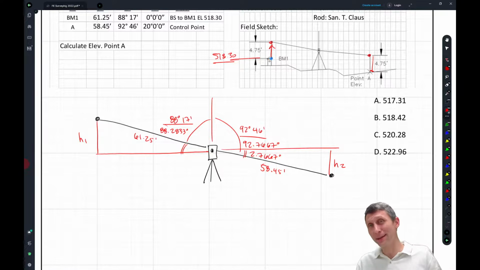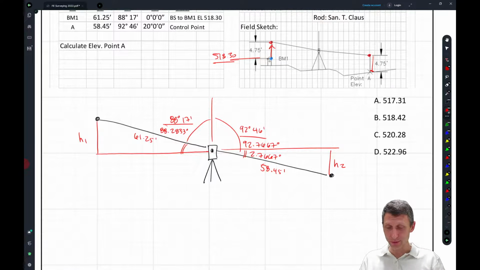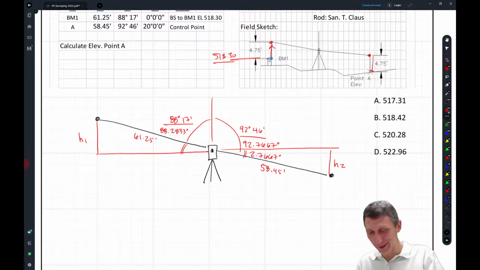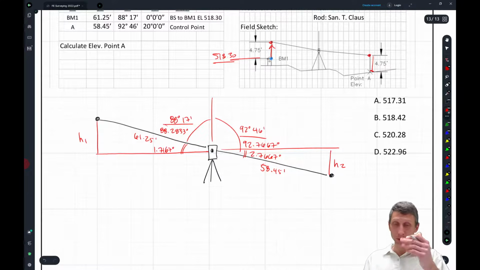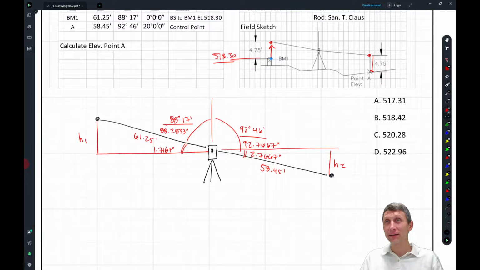It's going to be 90 minus 88.2833. If I do that correctly in my calculator, I get about 1.7167 degrees.